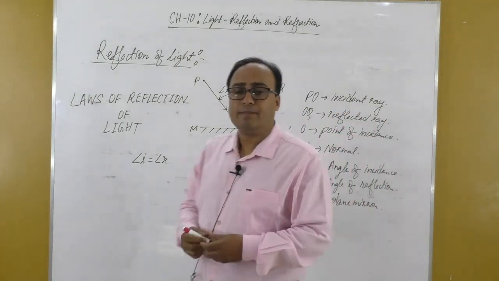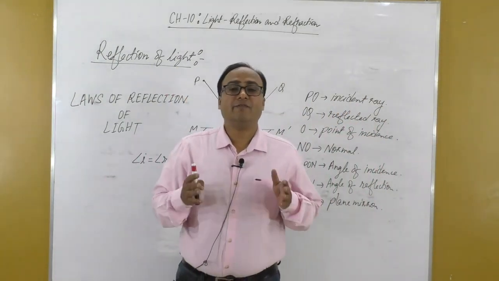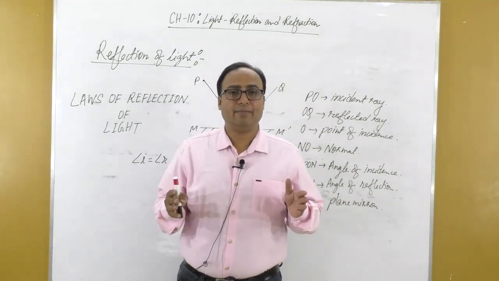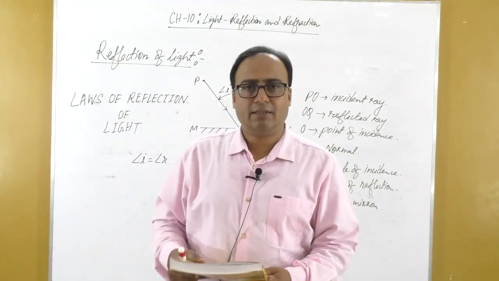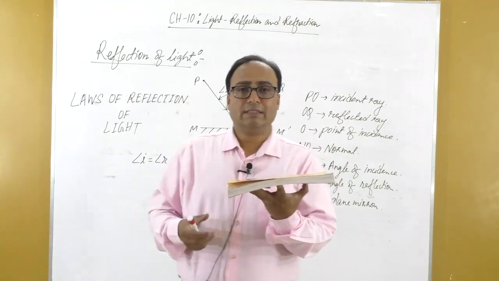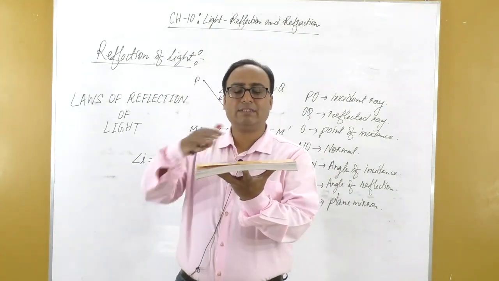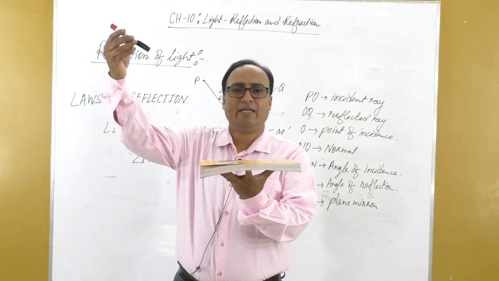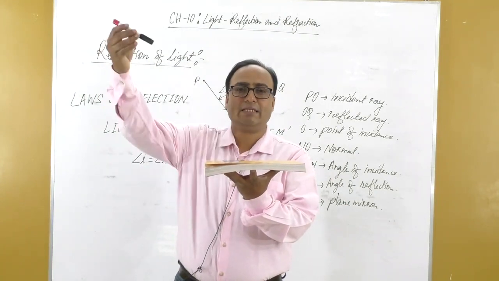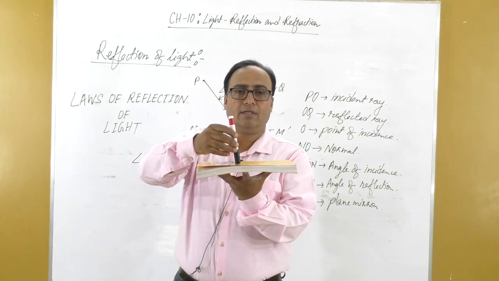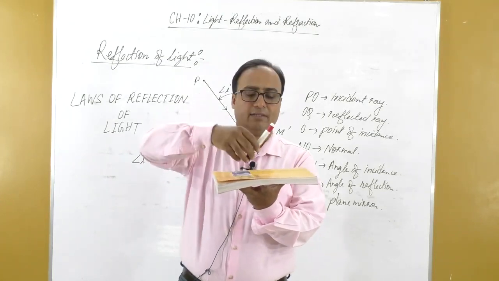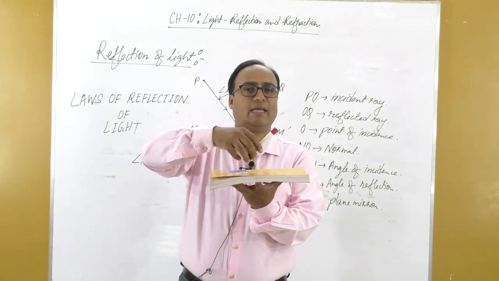And second point, the incident ray, the reflected ray and the normal all lie in the same plane. Now try to understand this one. This is a surface. This is supposed to be the surface of a plane mirror. If a ray of light falls here, this ray of light is called incident ray. After falling here, if it gets bounced back, then this ray of light is called reflected ray.